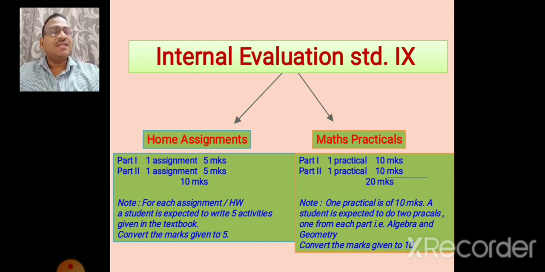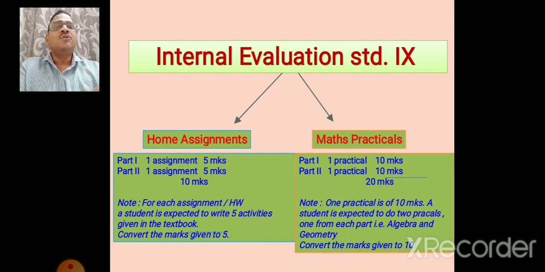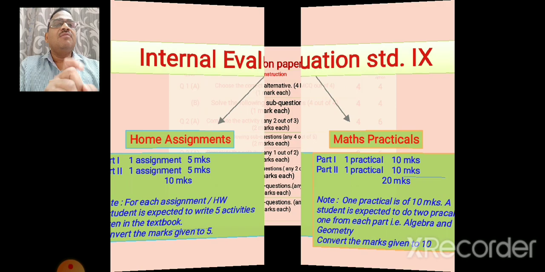That is total practical is for 20 marks, and this 20 marks is converted into 10 marks. That is 10 marks for math practical and 10 marks for home assignment. That is, this is the total internal evaluation of the 20 marks.